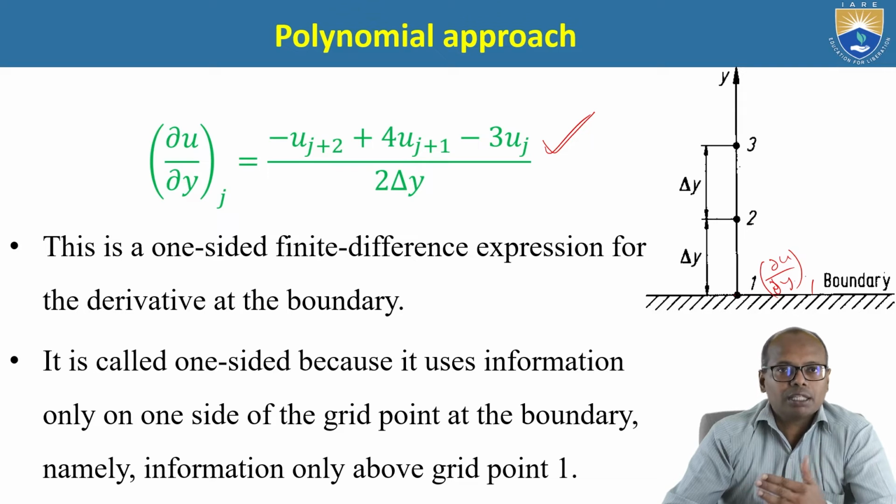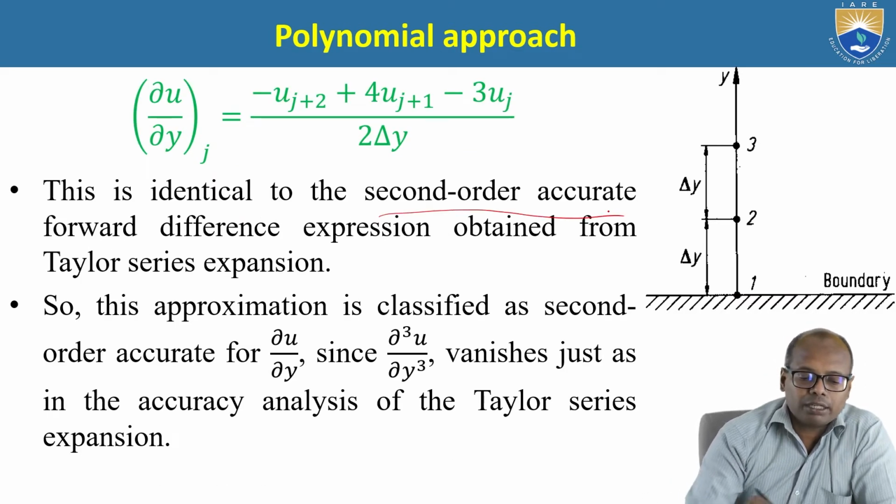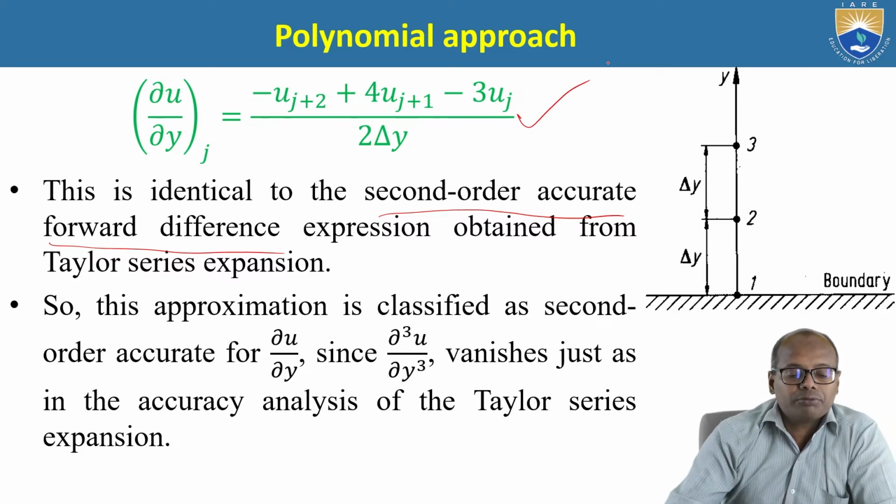This is our main concern, because if I use the Taylor series at the boundary, we cannot find the finite difference expression which is of order 2. Now we'll see whether the order of this equation is 2 or not. It is similar to the second order accurate forward difference expression obtained from the Taylor series expansion.